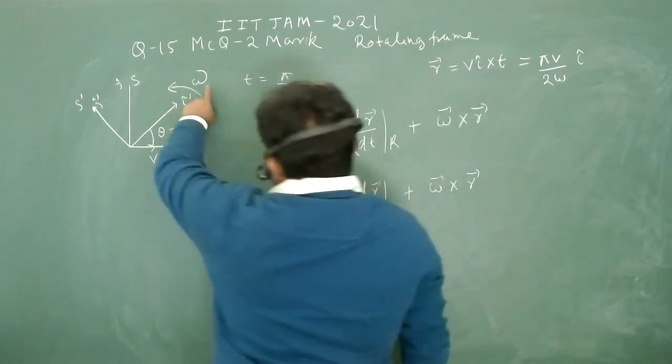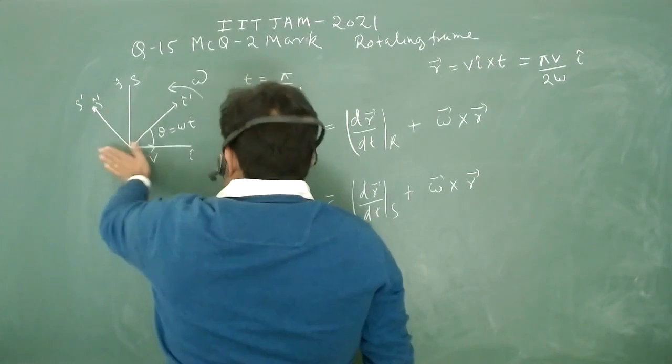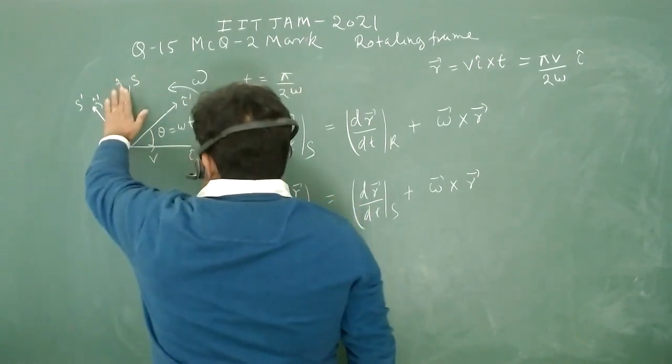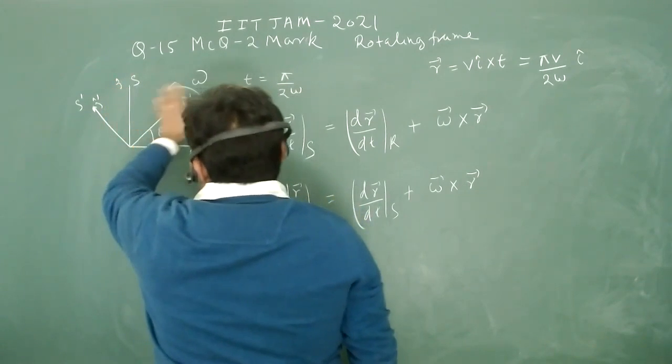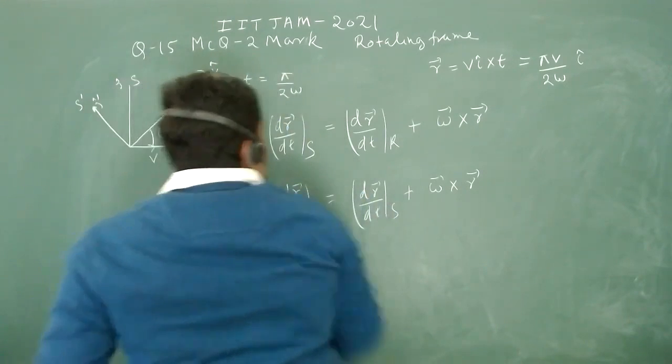And what is the direction of omega? Obviously, this is moving in the xy plane, with x direction and y direction, so omega has its direction in the k cap direction.